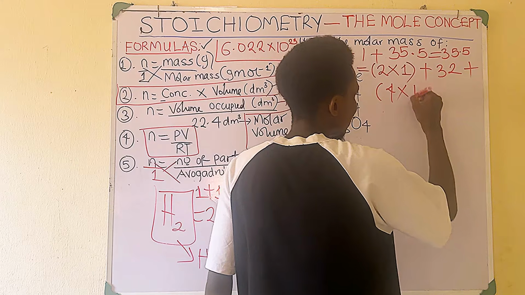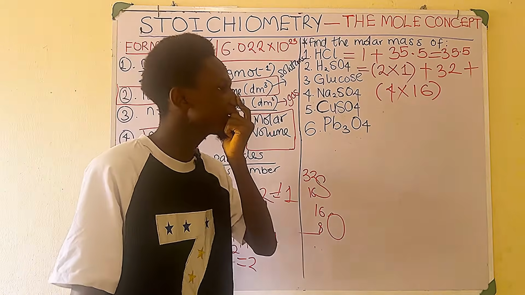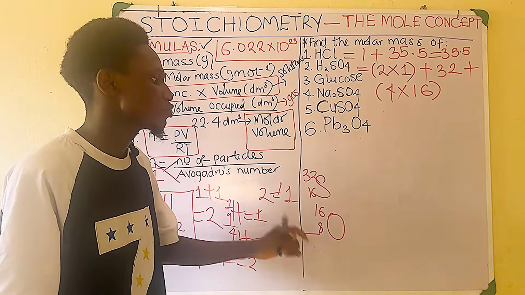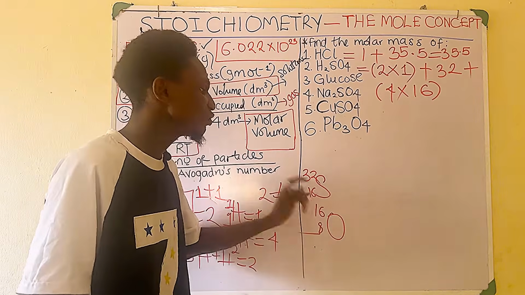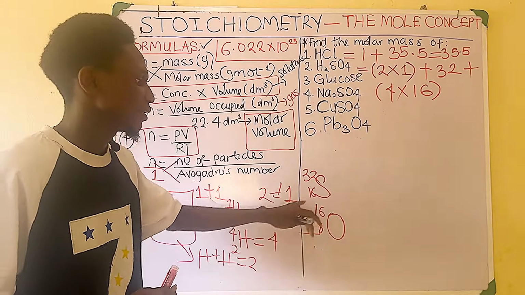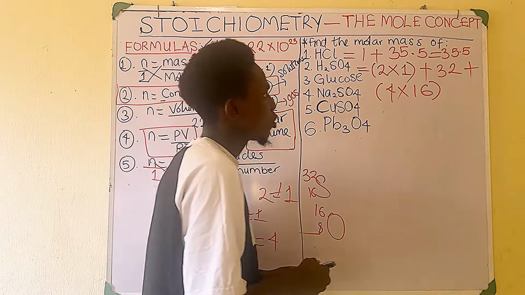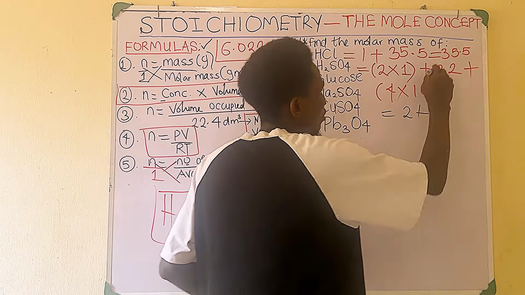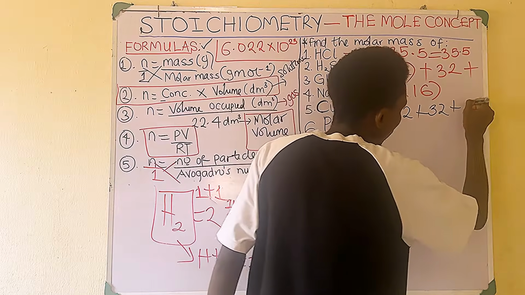So we have 4 times 16. Please don't forget that you should not use the atomic number, but the relative atomic mass. So instead of now using 16 because, oh, sulfur is 16, please don't forget, calm down. The relative atomic mass is 32. So from there now, if you sum everything up, you're going to be getting what? You're going to be getting 2 times 1, plus 32, plus 4 times 16, which should give you 98.